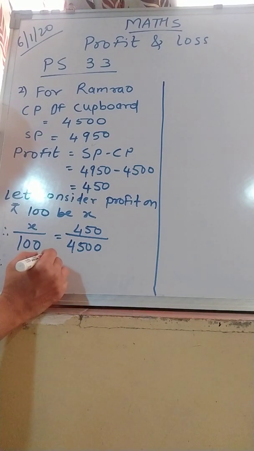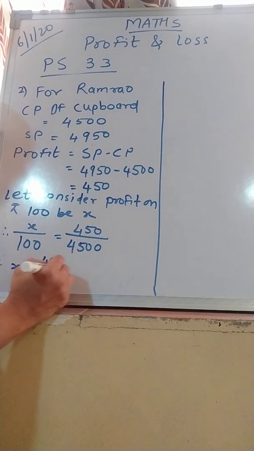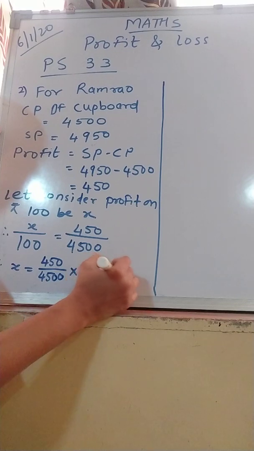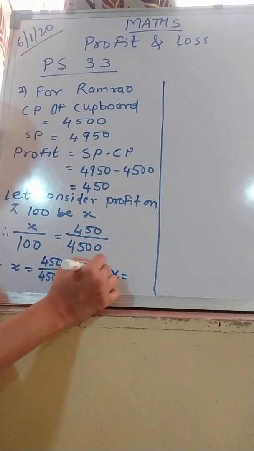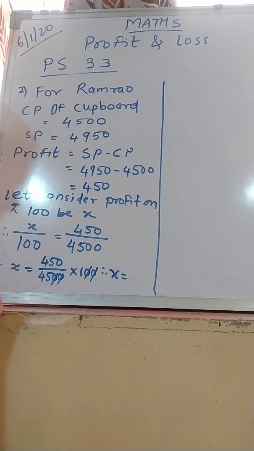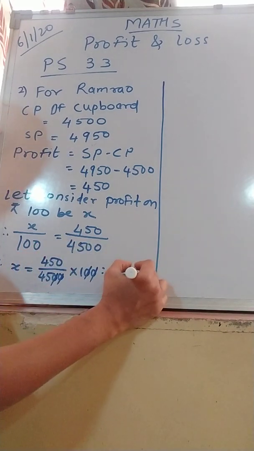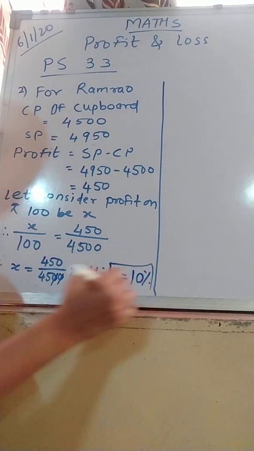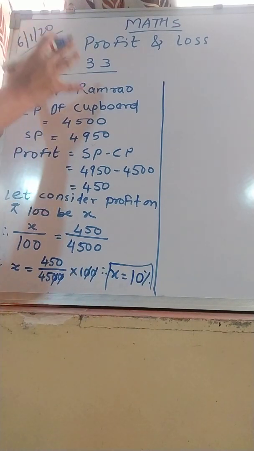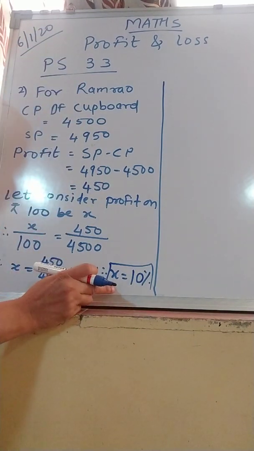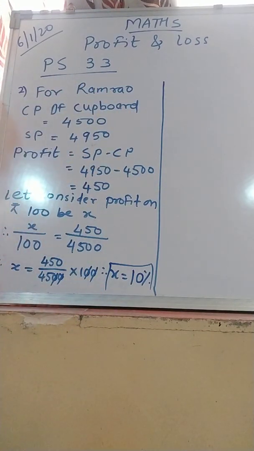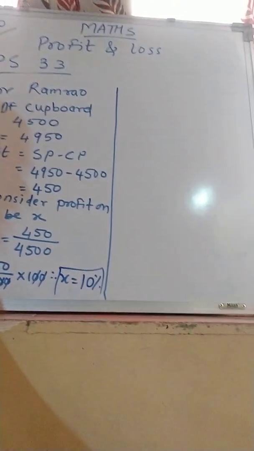X is equal to 450 upon 4,500 multiplied by 100. Right? Therefore, X is equal to, this 0, 0, this 0, 0 cut. Right? 45 tens are 450. So, in this transaction, what is the profit? 10%.